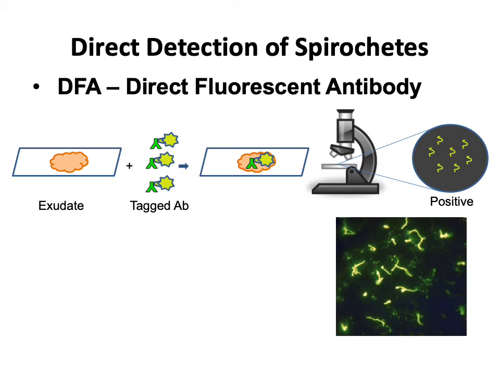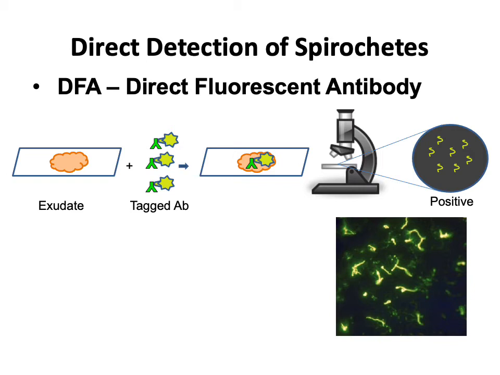When using the direct fluorescent antibody or DFA testing method, an exudate sample taken from a lesion is smeared on a glass slide. The slide is flooded with a fluorescent tagged antibody. Excess conjugate is washed away and the slide is examined under a fluorescent microscope.